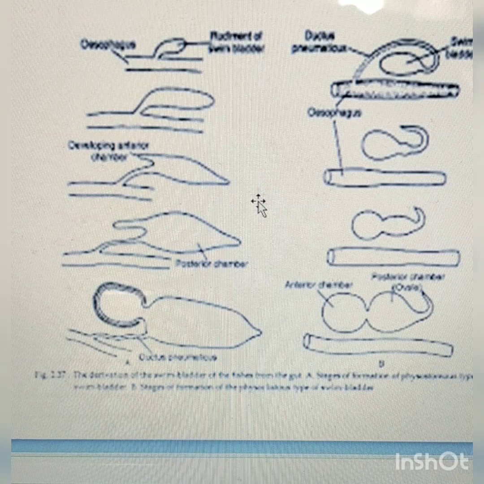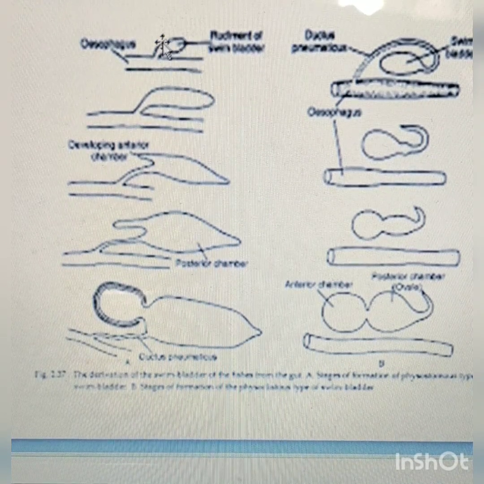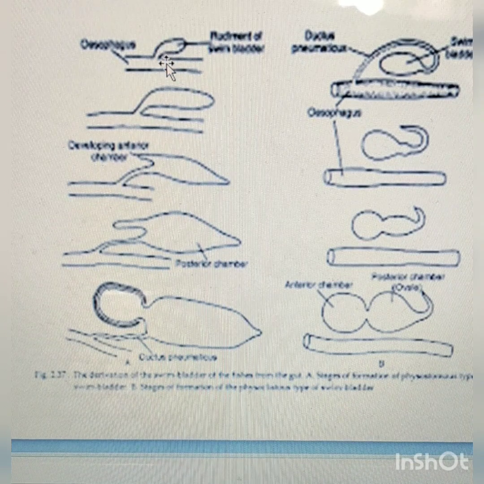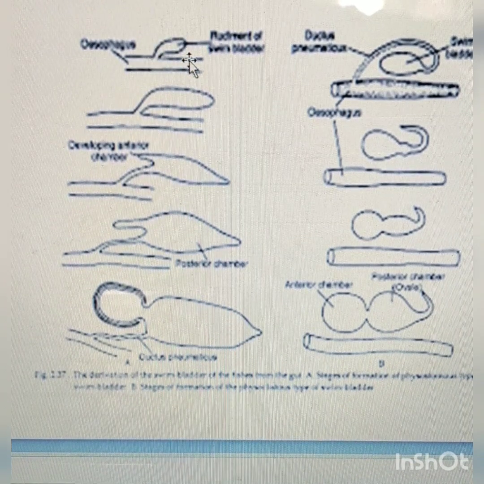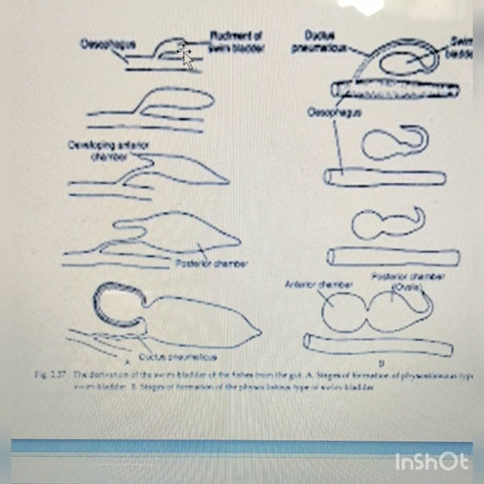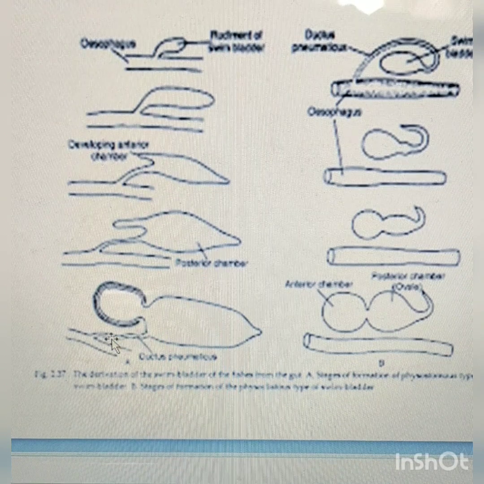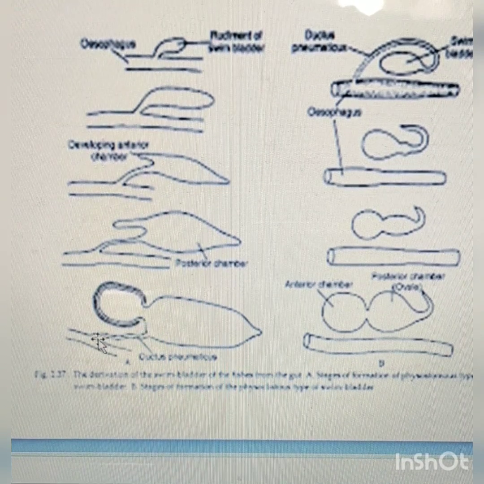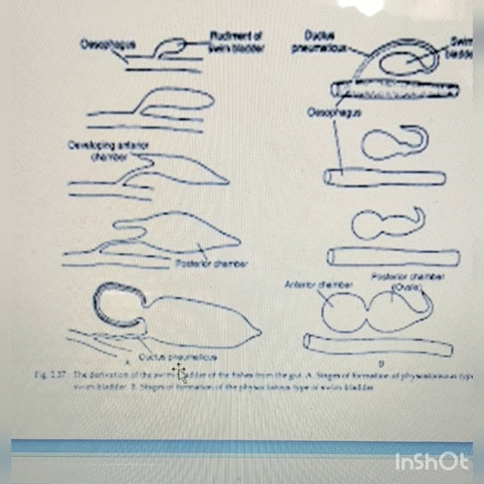The picture is a little bit hazy, but you can find that when the swim bladder originates, it is budded off from the esophagus as a small pouch, but after development there remains a connection with the esophagus. The connection is called ductus pneumaticus.